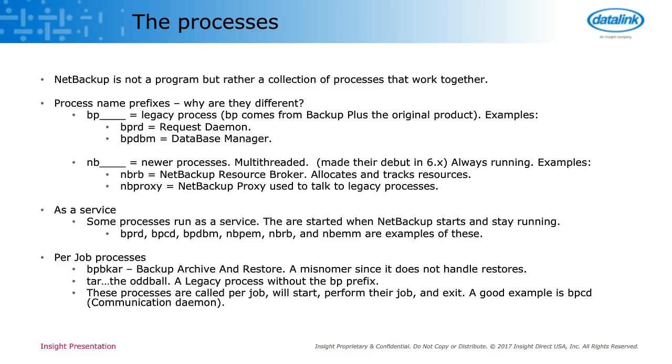And the TAR process is used for restore. It's a legacy process in the sense that it's been around since the beginning of NetBackup, but it still does its job very well. And again, these are called per job. So as a job starts up, these processes are spawned and they perform their specific task, and then they exit.